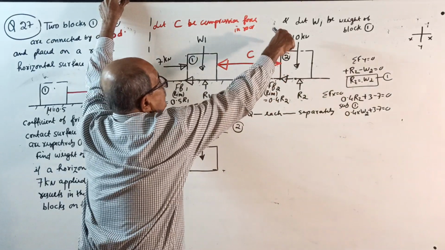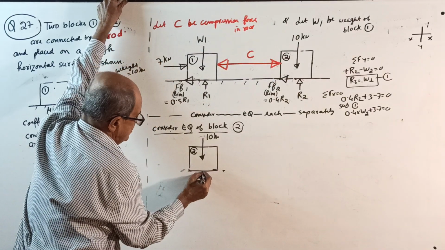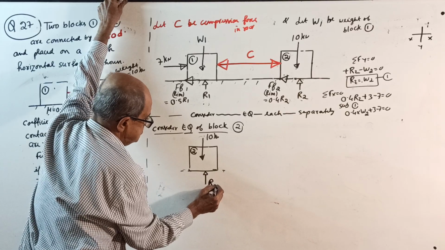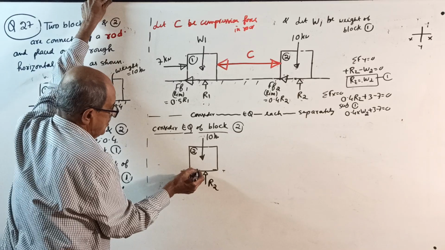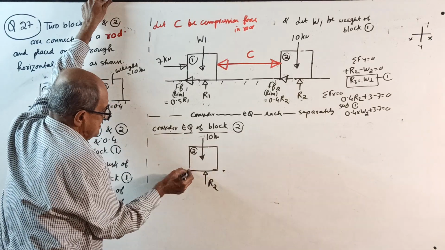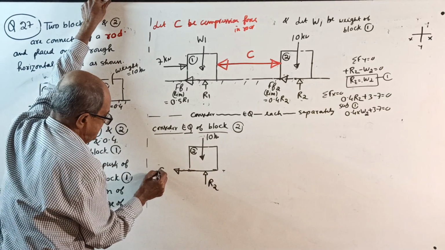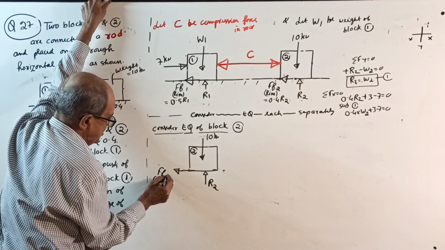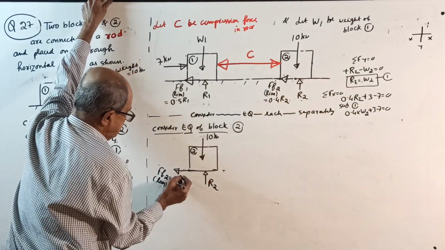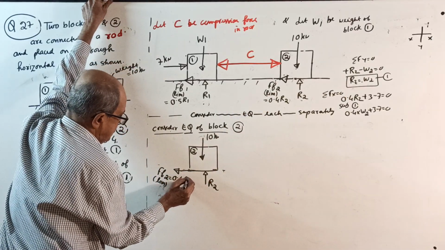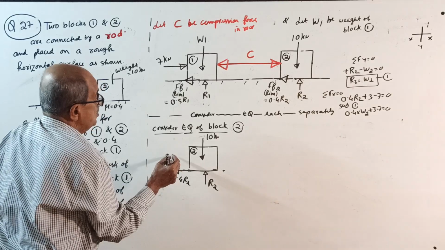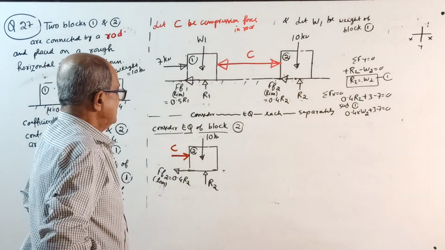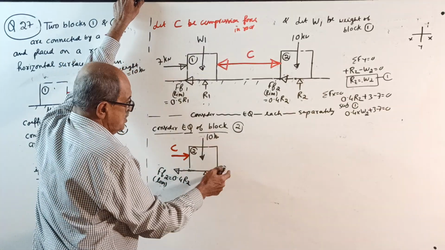Okay. Weight 10 down. Then normal reaction pushing that side, R2. Frictional force of how much? This side. FF limit for block 2 is 0.4 R2, and also a compression force C. Now make sigma Fy equal to 0.